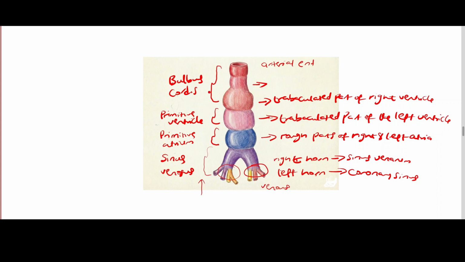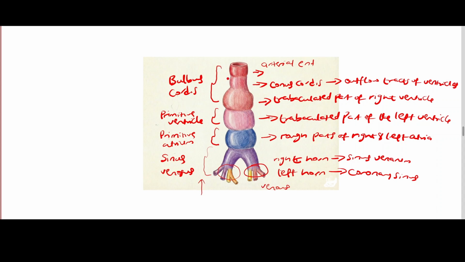Now the middle part of the bulbus cordis, which is also called the conus cordis, forms the outflow tracts of the ventricles, both right and left.